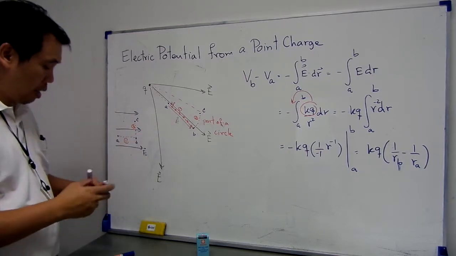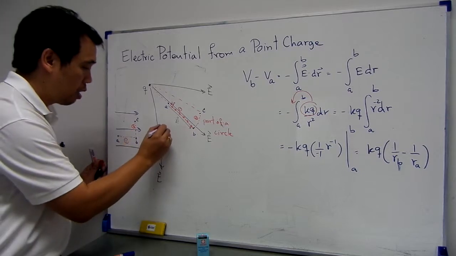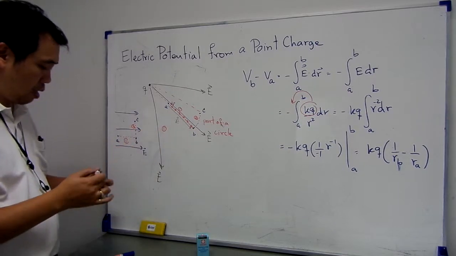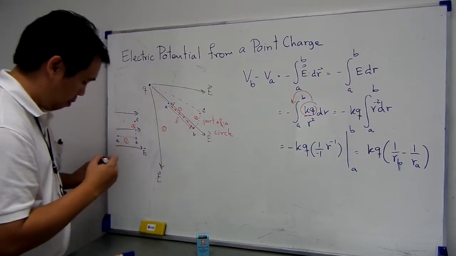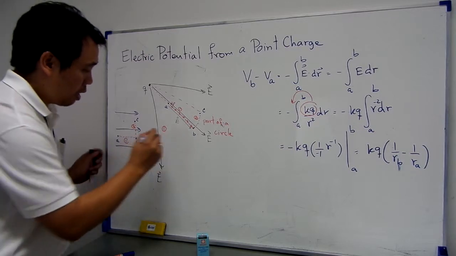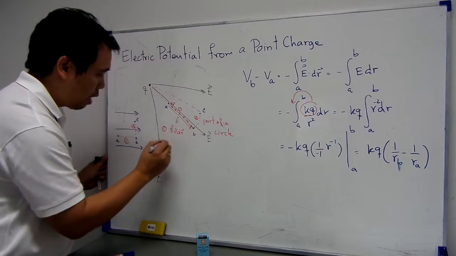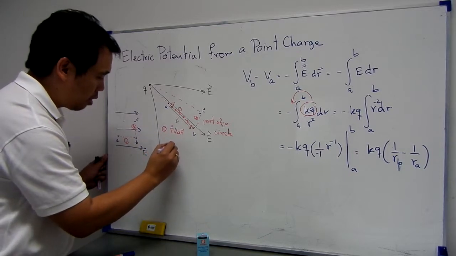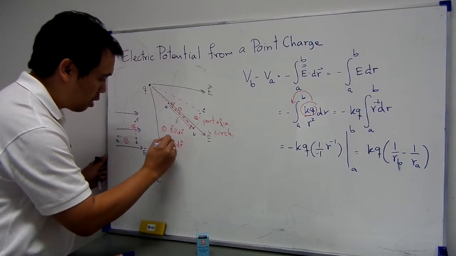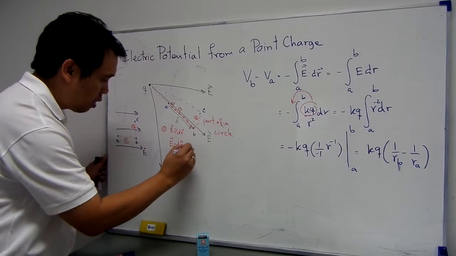So in this part, E is parallel to dr, and we have that E dot dr is equal to E dr.